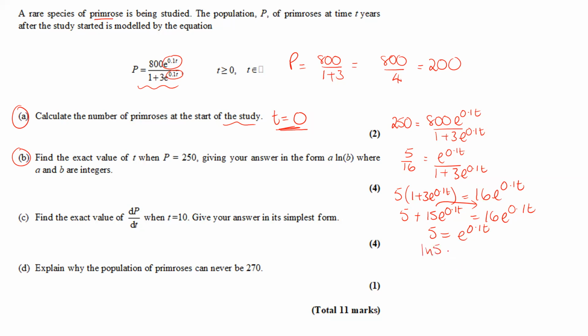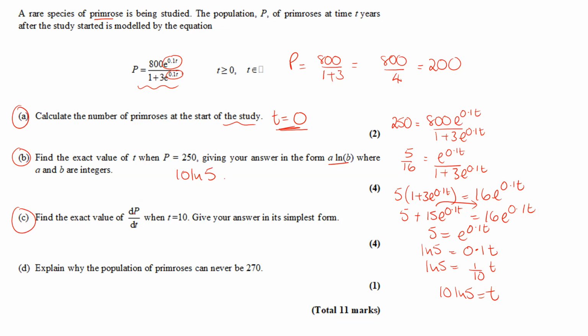So the ln of 5 is equal to 0.1t, so that is going to be 1/10 t. So the ln of 5 is equal to 1/10 t. So just take that 10 up: 10 ln 5 is equal to t. It says give it in ln form, so that's 10 ln 5.